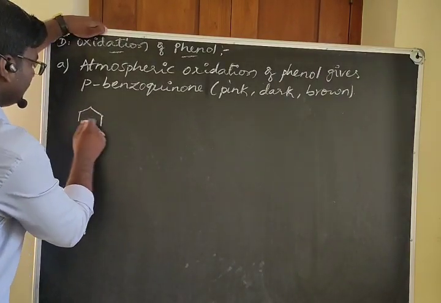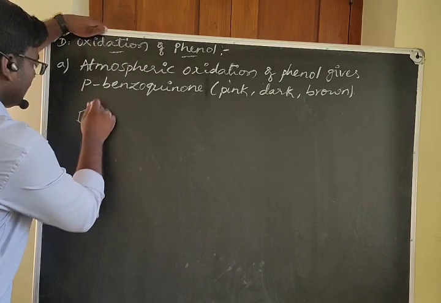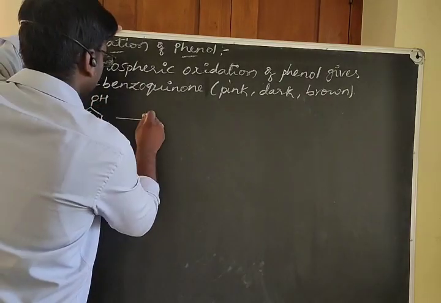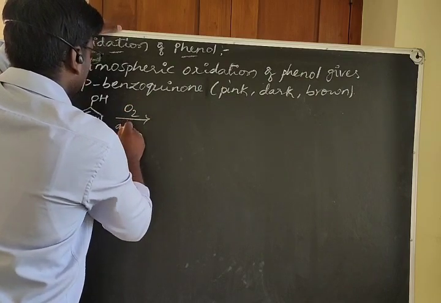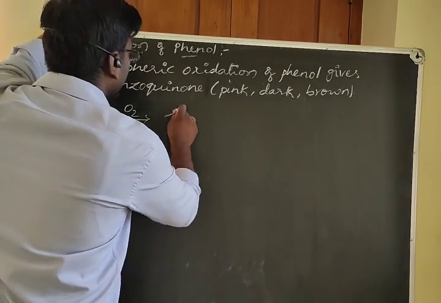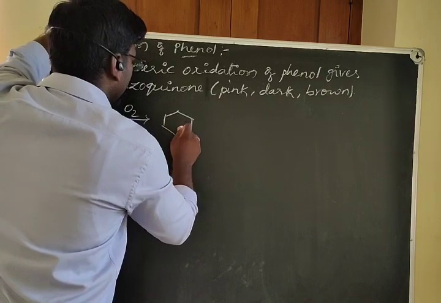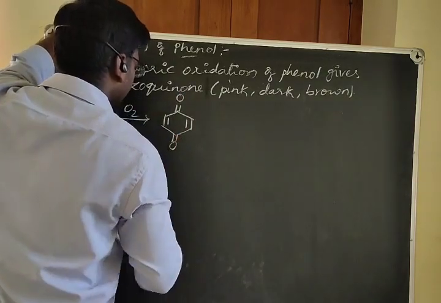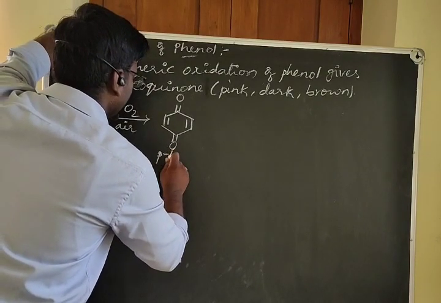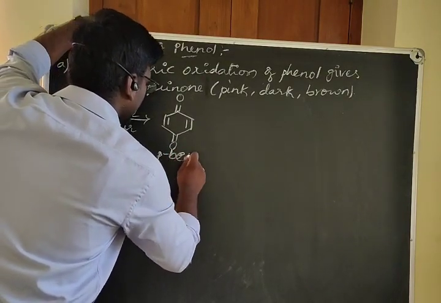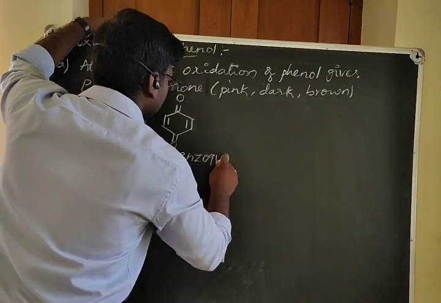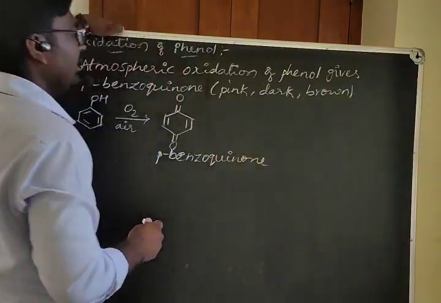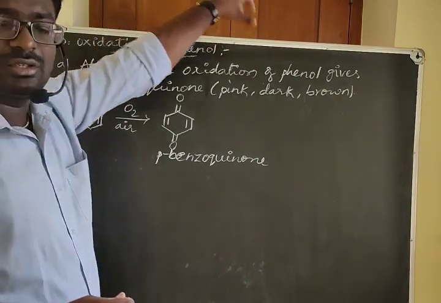Take the phenol and expose it to air or oxygen, and it becomes oxidized to para-benzoquinone, like this. It may be pink in color, sometimes dark or brown.